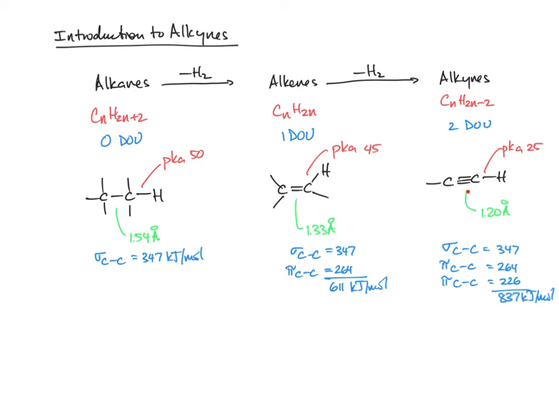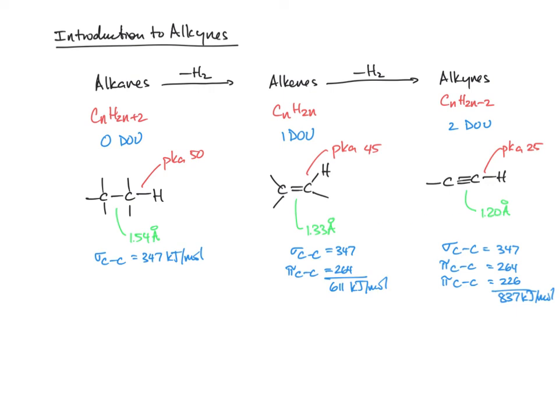We now have a triple bond, and the acidity has increased quite a bit. This is not a difference of 20, but 10 to the 20, because remember, the pKa scale is a logarithmic scale, so 10 to the 20 times more acidic.